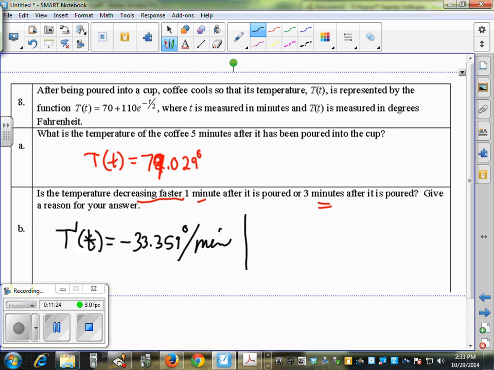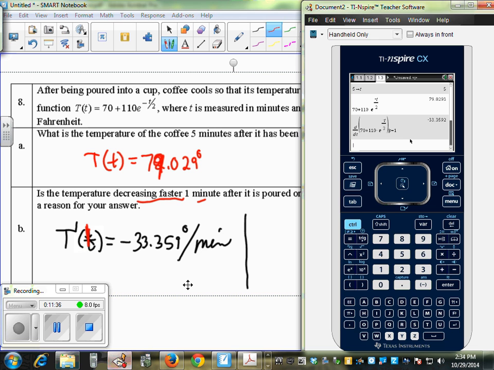Okay, and now we're going to do the next one. That was T of 1, so I'll go ahead and put that there. We want 3 minutes. Enter, change that to a 3.